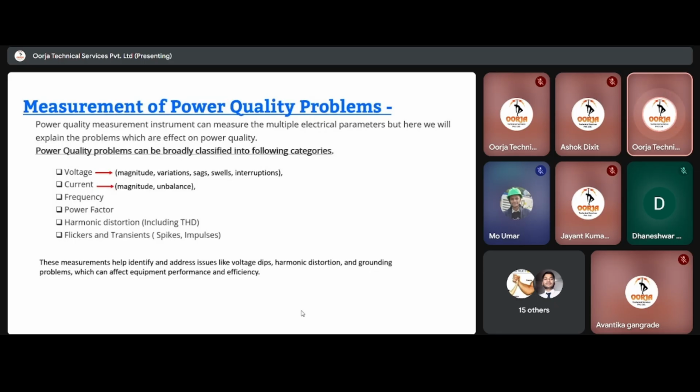Power quality problems can be broadly classified into the following categories: voltage magnitude variation, sags, swells, interruption, current magnitude, unbalance, frequency, power factor, harmonic distortion including THD, flickers, and transients, spikes and impulses. These measurements help identify and address issues like voltage dip, harmonic distortion, and grounding problems, which can affect equipment performance and efficiency.